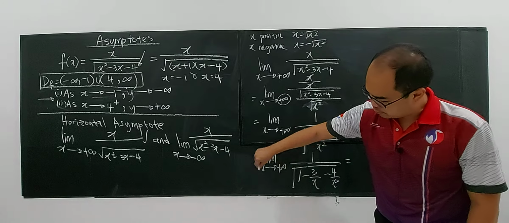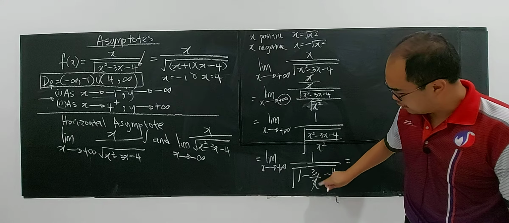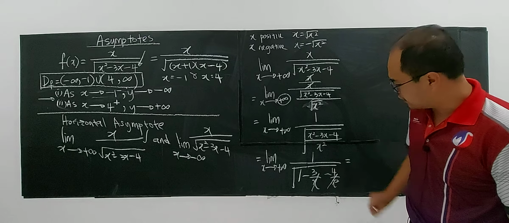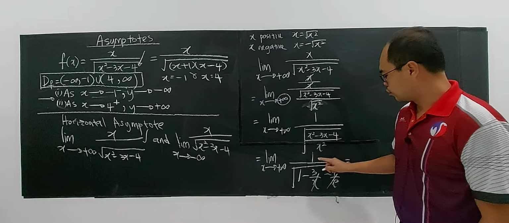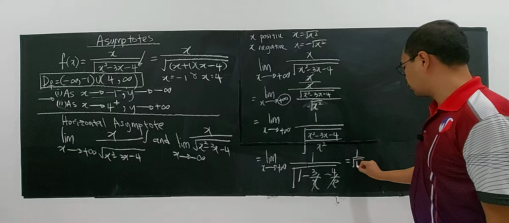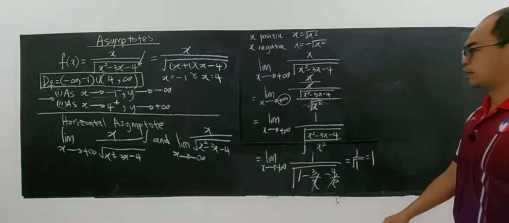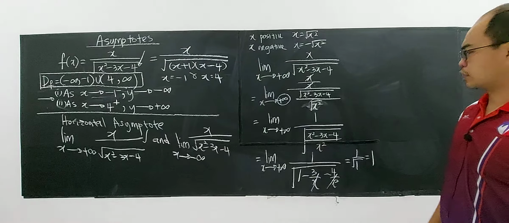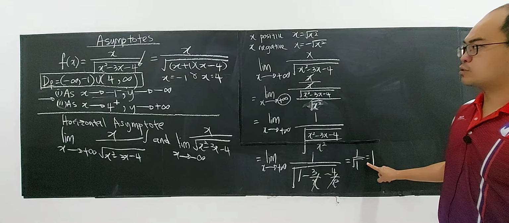As x approaches positive infinity, a number divided by infinity approaches 0. So 1 divided by the square root of 1 is 1. So 1 will be your horizontal asymptote.